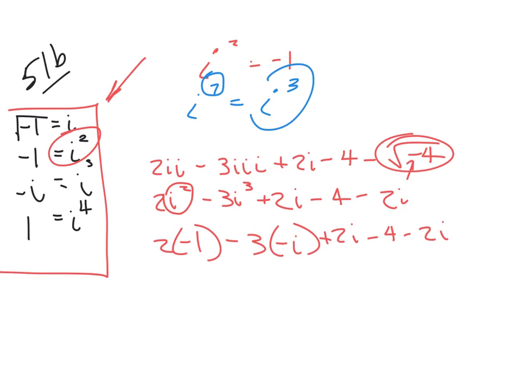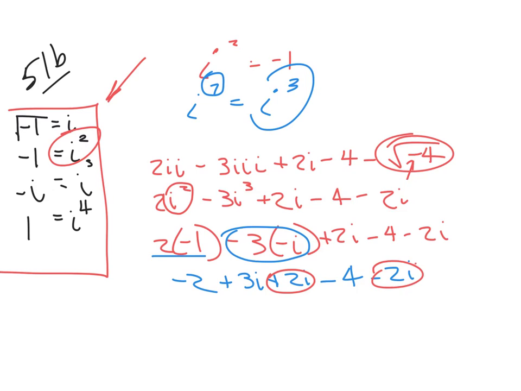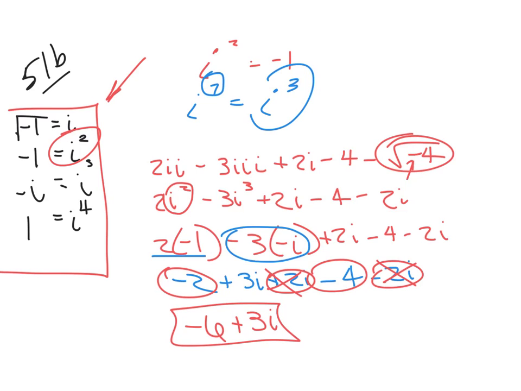So this is negative 2, negative 3 times negative i is positive 3i, plus 2i minus 4 minus 2i. 2i minus 2i is 0, so those go away. Negative 2 minus 4 is negative 6, and that 3i is all by itself. That's what I get for an answer.